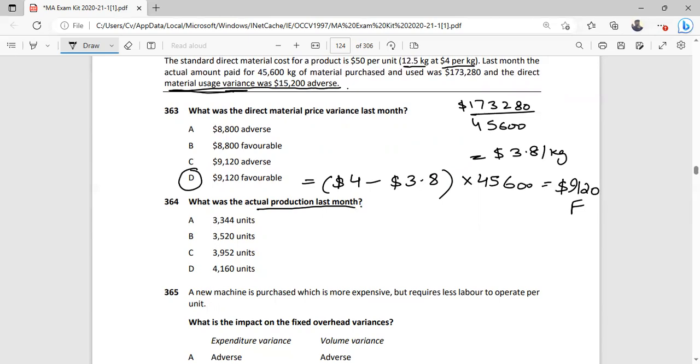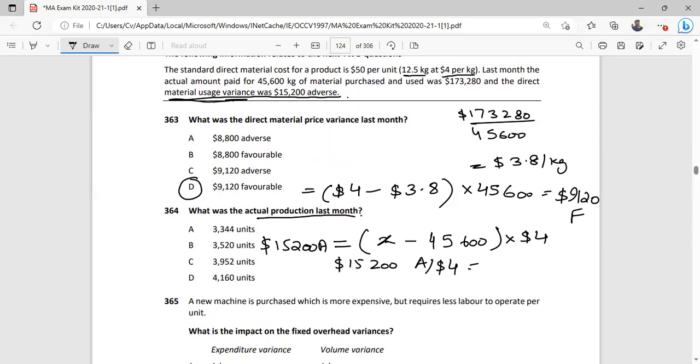Material usage variance says 15,200 adverse is equal to total standard usage, which is X, minus actual usage, and actual purchases are the same, into standard price 4. So now you can divide 15,200 adverse by 4. 15,200 divided by 4 is 3,800 adverse.